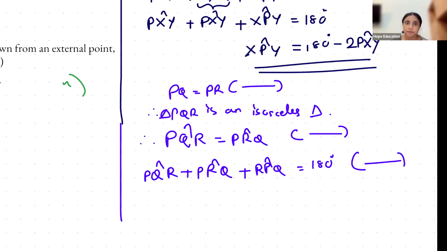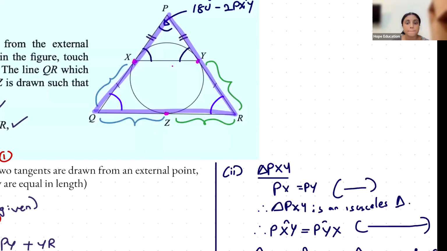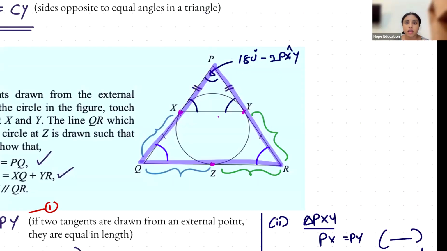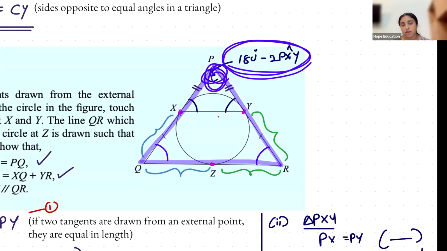So, PQR plus, now PRQ and PQR are equal, so instead of PRQ, I can also write PQR, plus RPQ. RPQ is this angle, right? Here we already found that as 180 minus 2PXY.